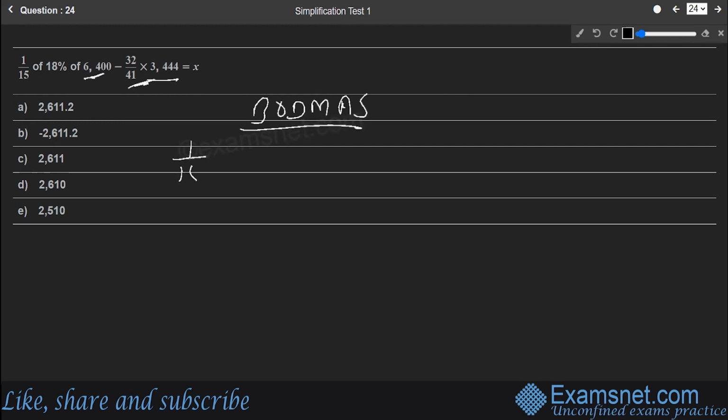So let's just quickly write the expression. 1 by 15 of, in place of 'of' I can write multiply. 18% is nothing but 18 by 100 of, again we can write multiply, 6400 as it is written, minus 32 by 41 into 3444 in completion. That value has to come out to be equal to x.